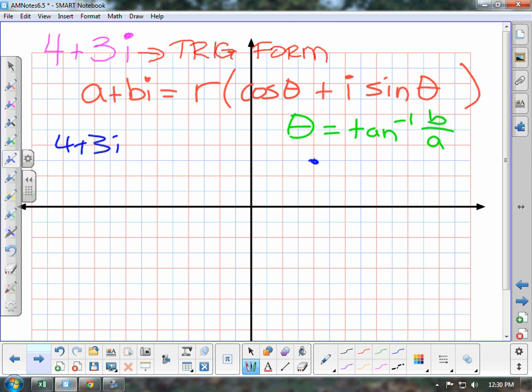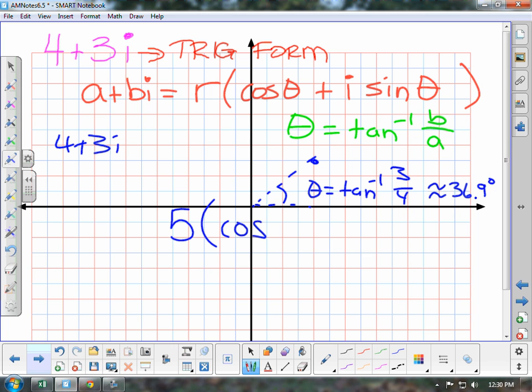And so then our complex number would be, the r is 5, and then we'd have cosine of, and in order to figure out this angle, we'd have theta equals inverse tangent of 3/4, which is approximately 36.9 degrees. And so then you would say cosine of 36.9 plus i sine 36.9. Or you can write it in radian form as well.